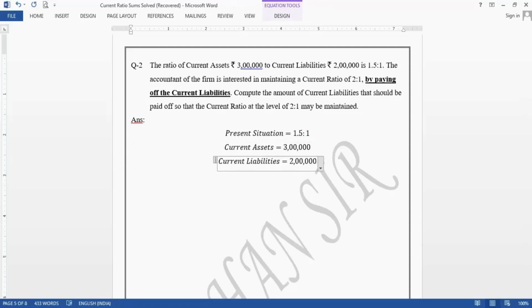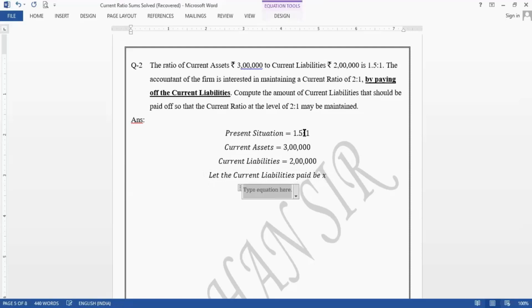This is the present situation given to us. The accountant of the firm is interested in maintaining a current ratio of 2:1 by paying off the current liabilities. Let us assume the current liabilities paid be X. We have just assumed that the amount of current liabilities paid is X.